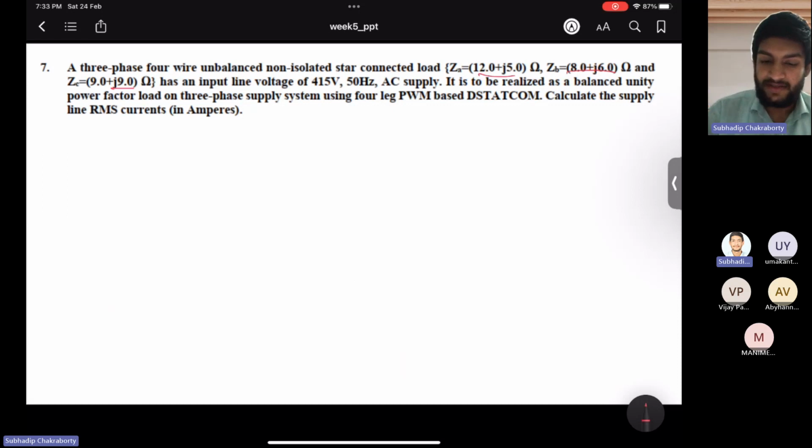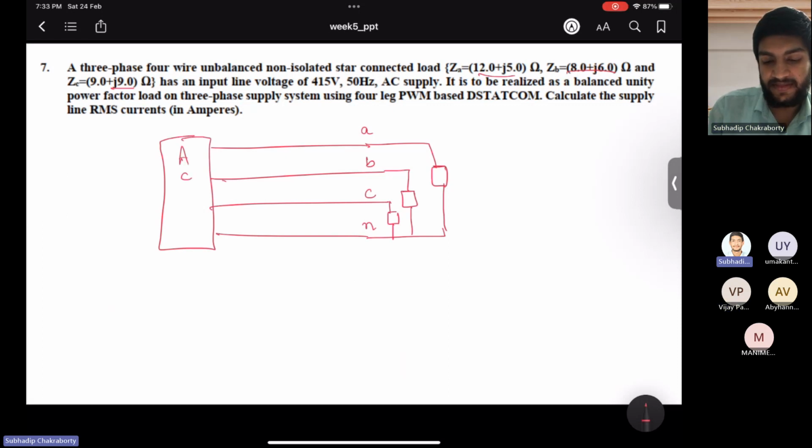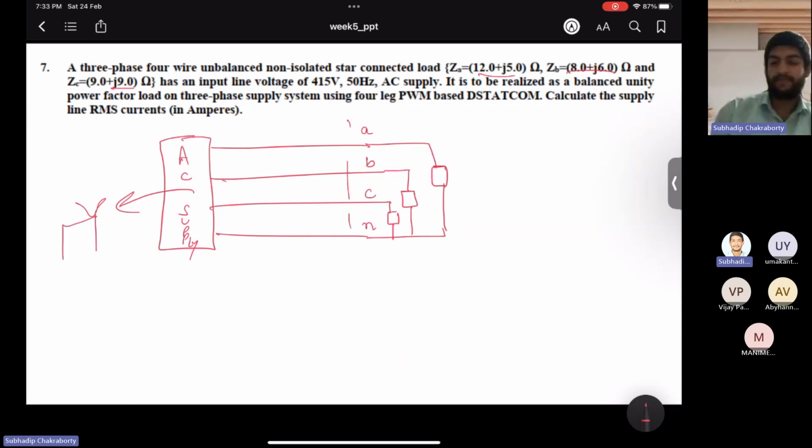Three-phase 4-wire like this, and you have loads connected between A to N, B to N, and C to N, and this is the AC supply. This is also star connected, right? Fourth wire also. These are the loads.